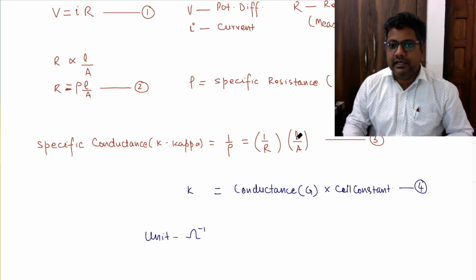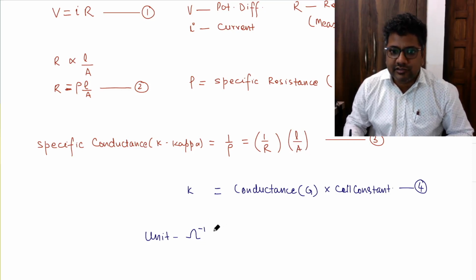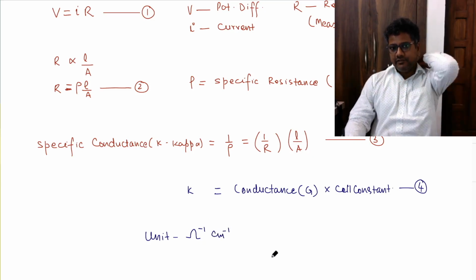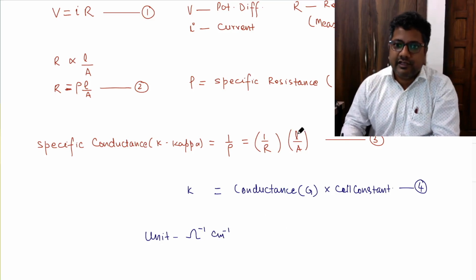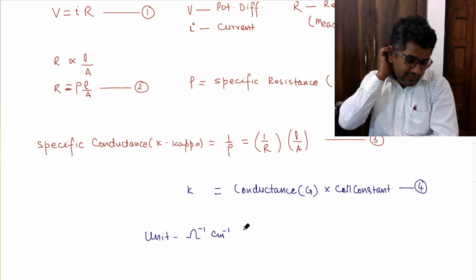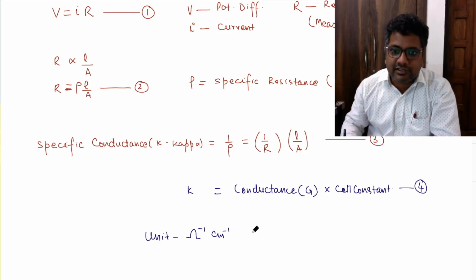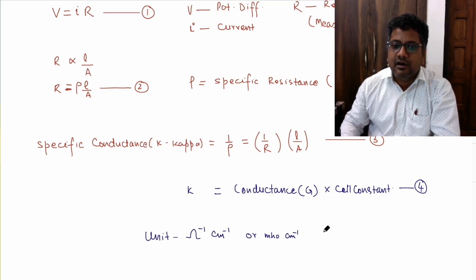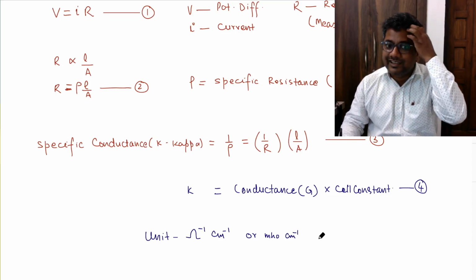L is in centimeter and A is in centimeter square, so the cell constant is centimeter to the power minus 1. So the unit is ohm inverse centimeter inverse. One ohm inverse is called mho, so mho per centimeter.